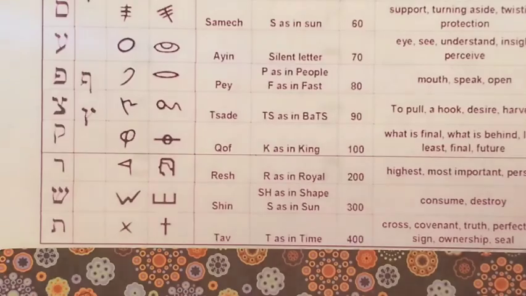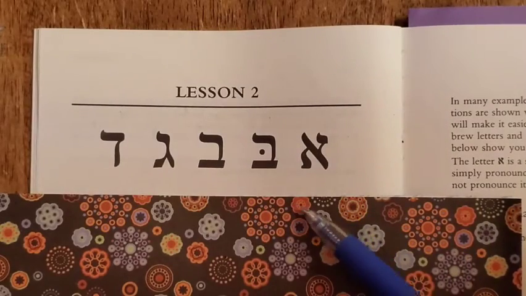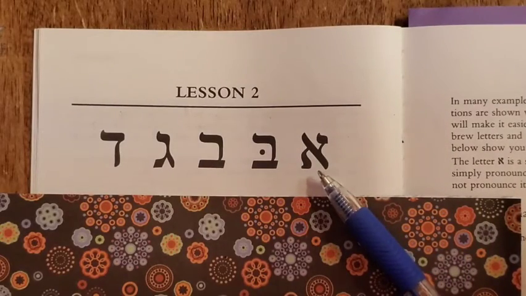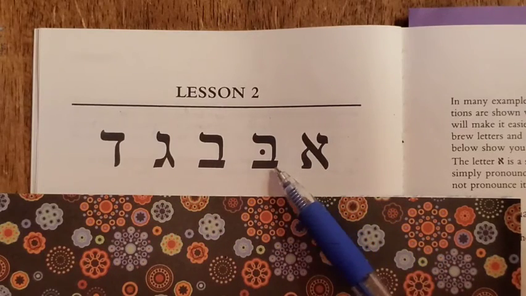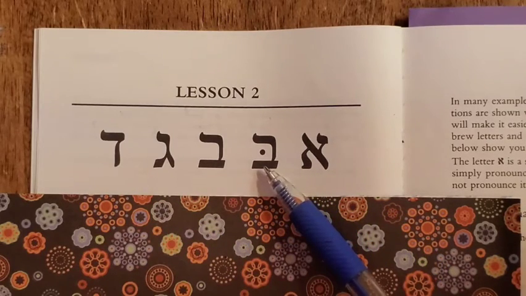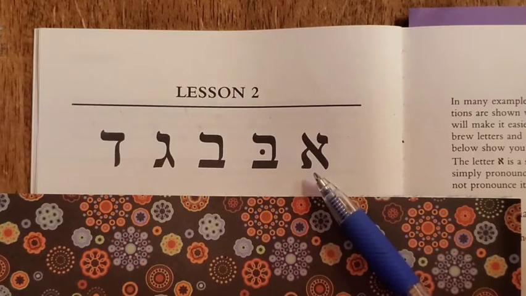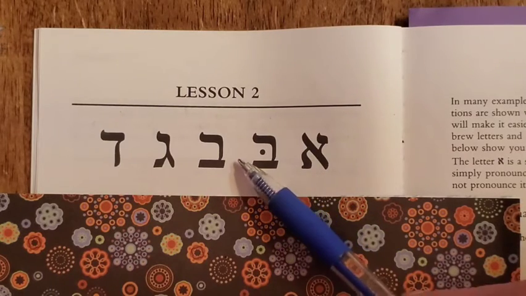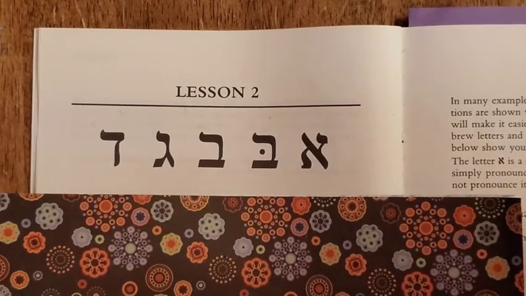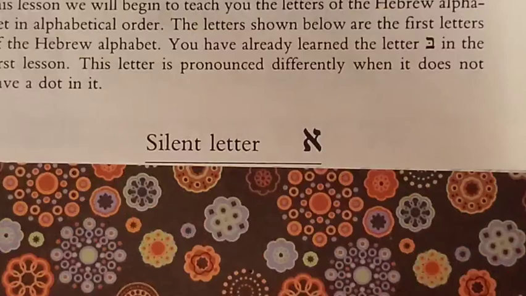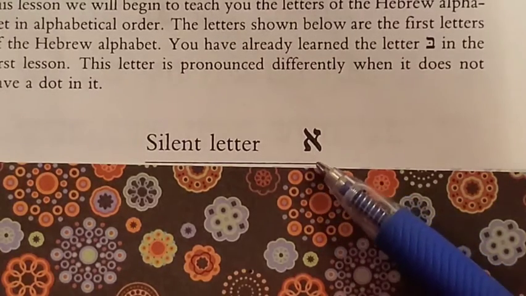Now, in lesson 2, this book starts from the beginning of the alphabet, and we're going to do the first 5 letters. But luckily, we already know one of them, right? The Bet. So we're going to learn Aleph, Bet, this is Vet, Gimel, and Dalet. All right, the very first letter in the Hebrew alphabet is the Aleph.